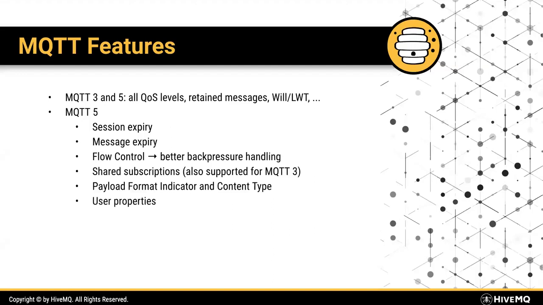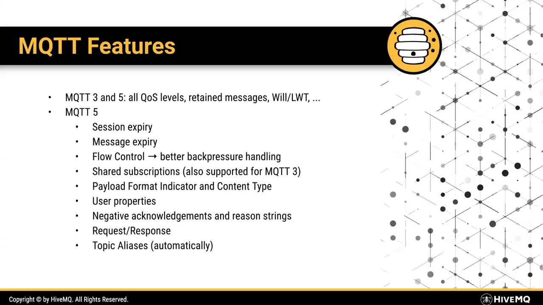And we got a lot of features like more metadata for the published messages, user properties, and reason strings for better debugging. We got a standardized mechanism to do request response. Although MQTT is a publish subscribe pattern, we can now do request response style communication over MQTT.